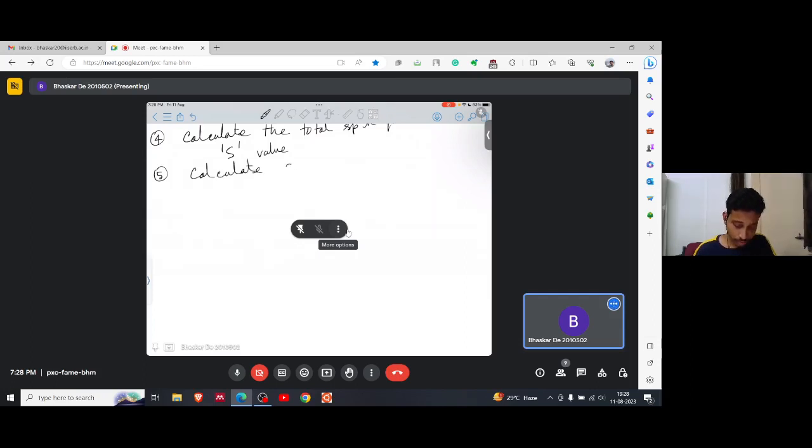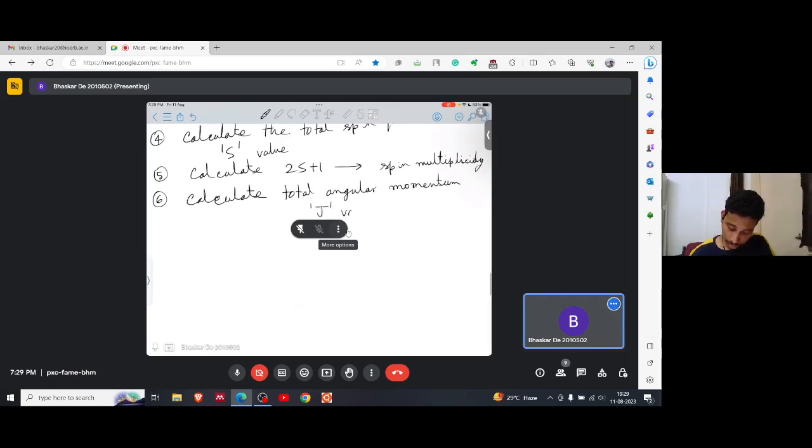Calculate 2S plus 1, which is known as the spin multiplicity. 6. Calculate the total angular momentum J value.